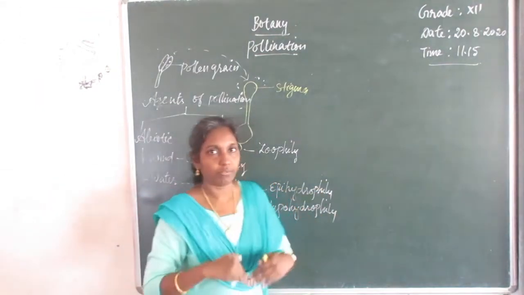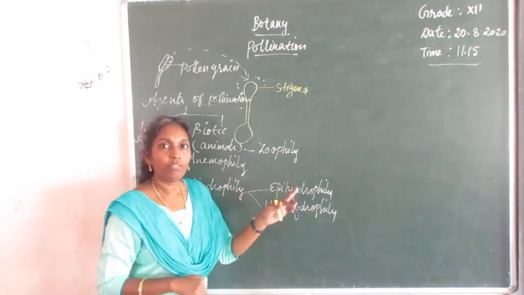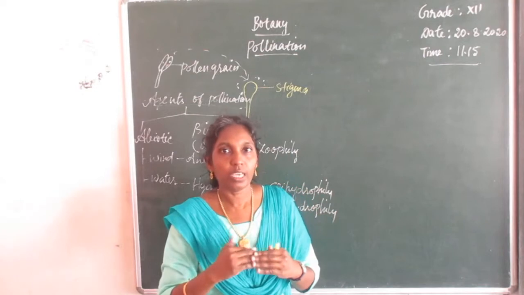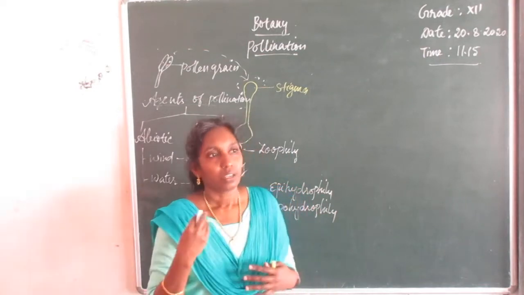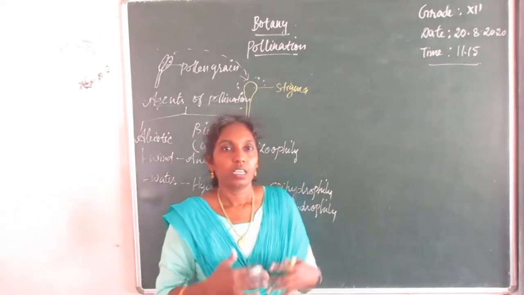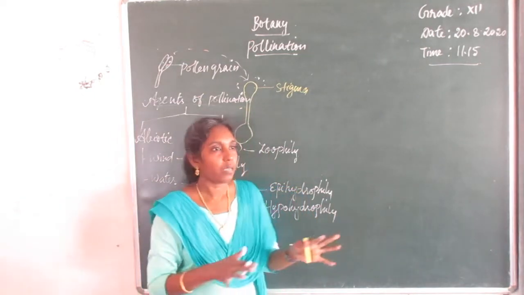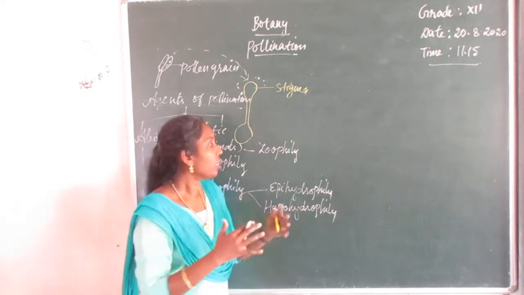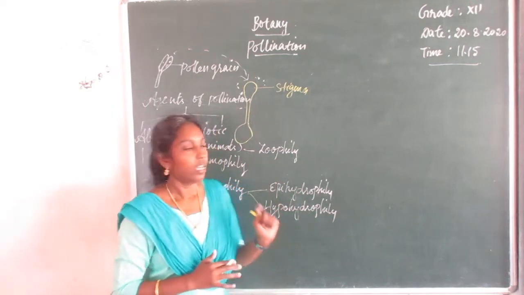Hypohydrophily: beneath the surface of water. And zoophily: there are a number of animals including mammals, rodents, arboreal animals, reptiles, garden lizard. These include all types of bees, butterflies, birds, insects, bats, snails, all included under zoophily.